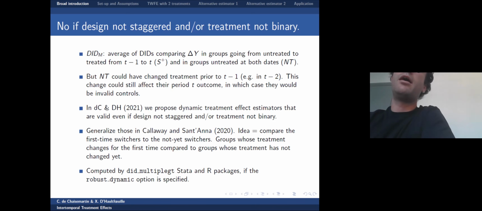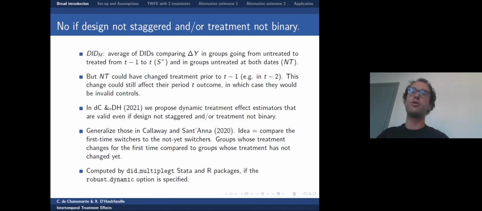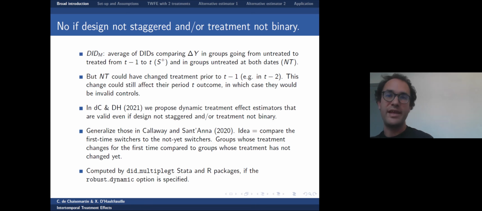And so in our new paper on dynamic effects, we're going to propose dynamic treatment effect estimators that are valid even if the design is not staggered or the treatment is not binary. Those estimators generalize some of those in Callaway and Sant'Anna. In a staggered design, you would compare the first time treated to the not yet treated.